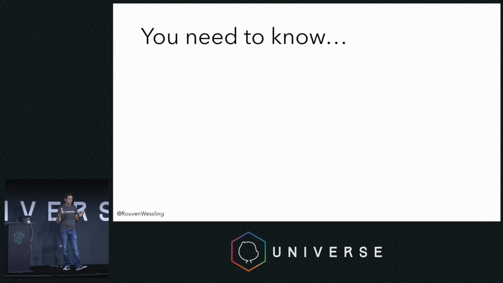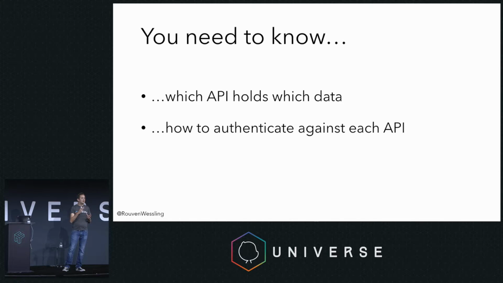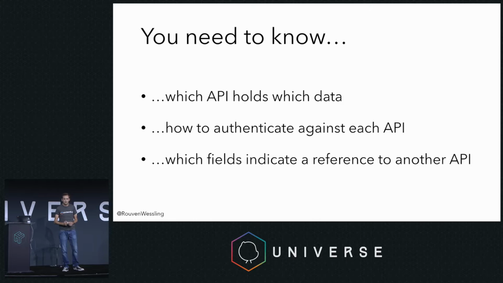So with this many APIs, what do you need to know about them? Well, you need to know which API holds which data. If I want to render a view, I need to know which APIs I have to query for it. How do I authenticate against each of these APIs? How do I get the necessary access permissions?